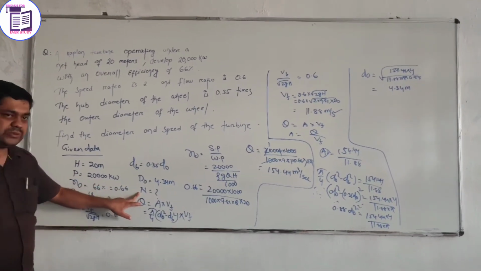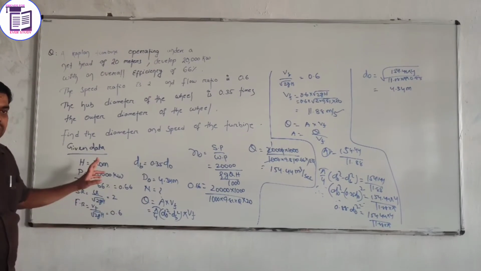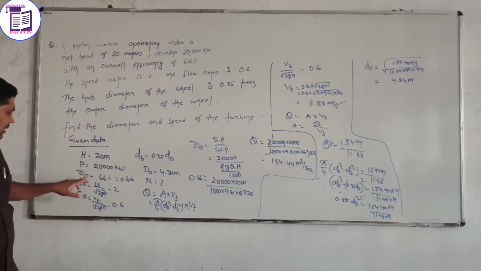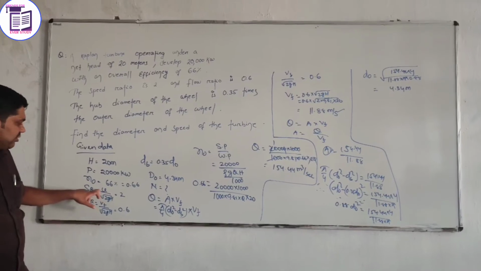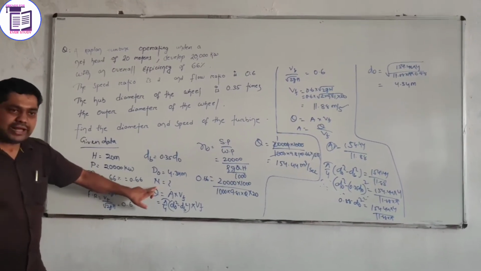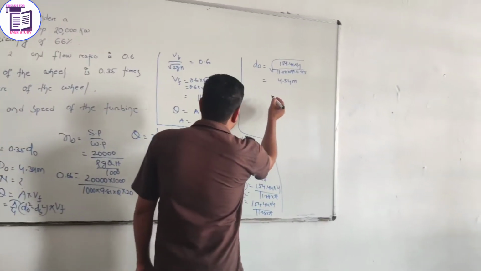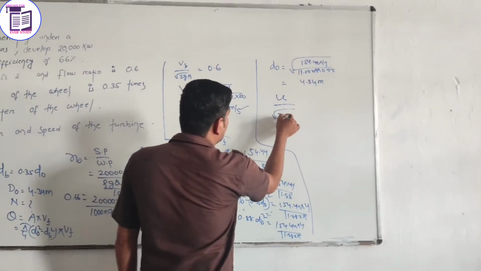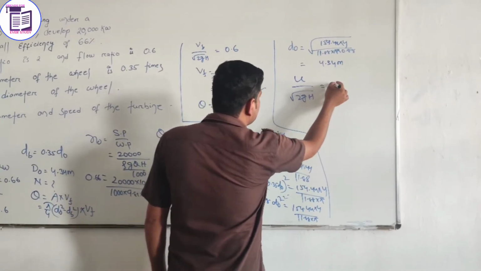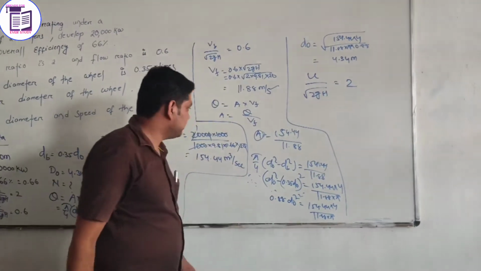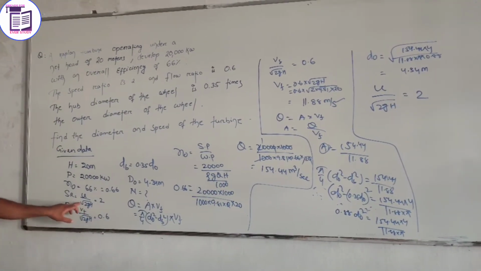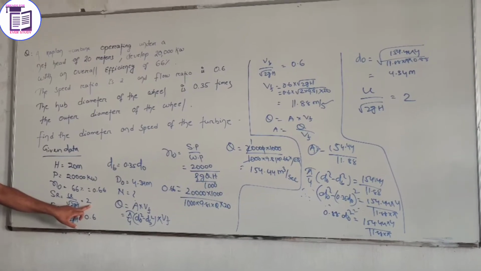So how to find speed? The speed depends on your speed ratio, that is SR. You can first of all find the U value, then you can find the N value. Now the speed ratio is U by root 2gH is equal to 2, given in the data.